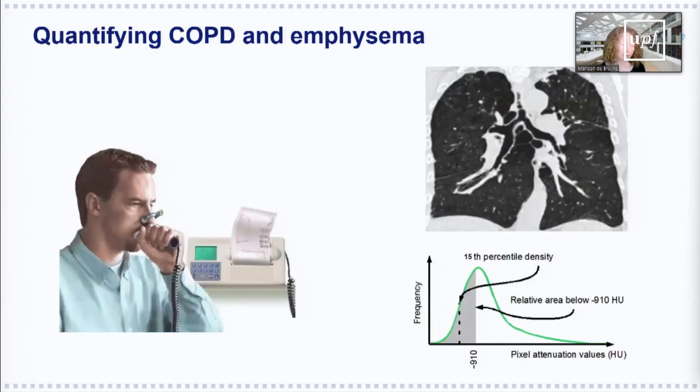The current standard for quantifying COPD and emphysema, its main component is a lung function test. As you see here, a patient blows in a tube, you measure how much air comes out. So with this, you can only measure obstruction, but it's the gold standard for quantifying COPD. It's not very sensitive.